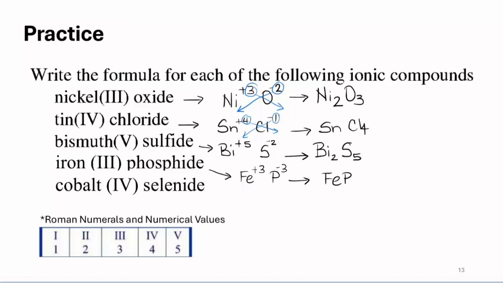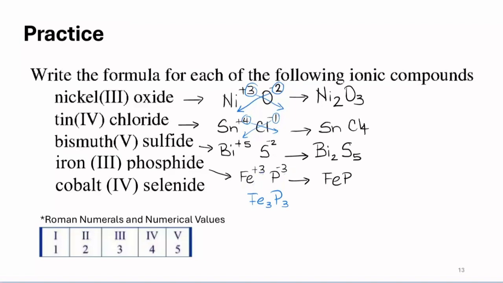The other way to do this is that I can say, well, at first I will write Fe3P3 when I take these values and I make them the subscript of each other.